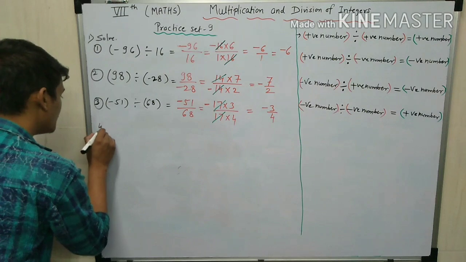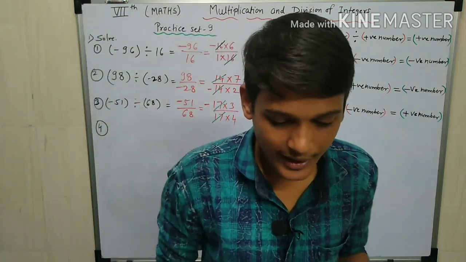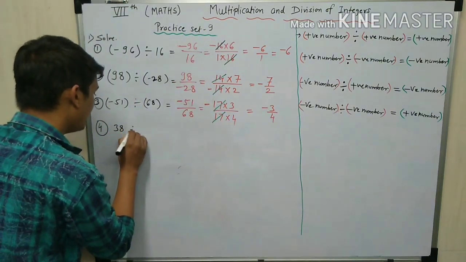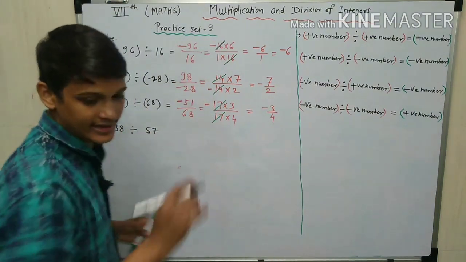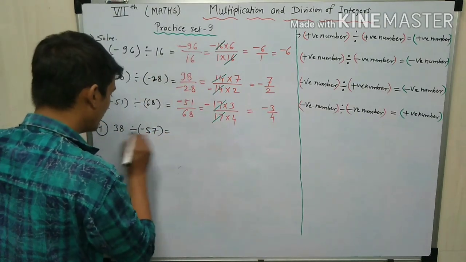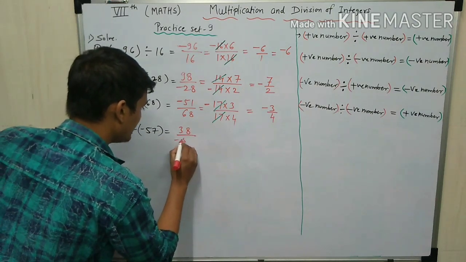Now fourth question is 38 divided by minus 57. 38 divided by minus 57, the sign is minus. Is equal to, we can write first here 38 upon minus 57.